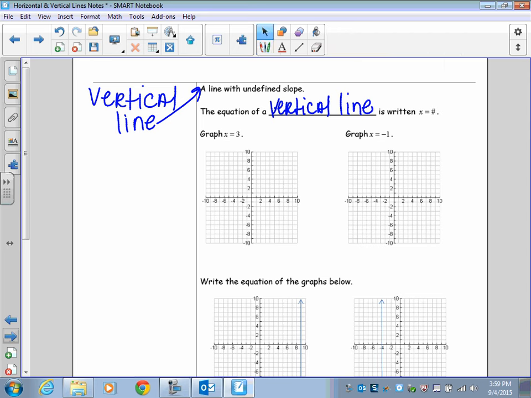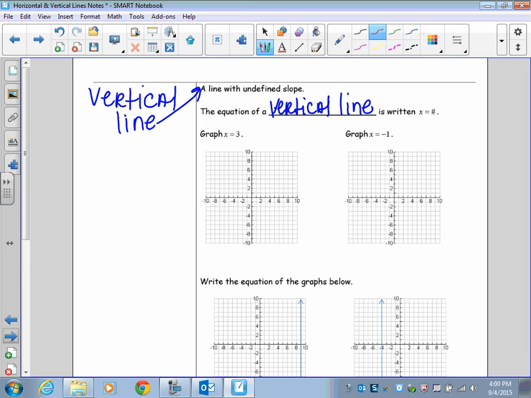Now, our practice problems. The first thing it asks me to do is graph this vertical line. When you're graphing a vertical line, it's just like graphing a horizontal line. Remember, the number given is now your x coordinate, so your y coordinate is always 0.